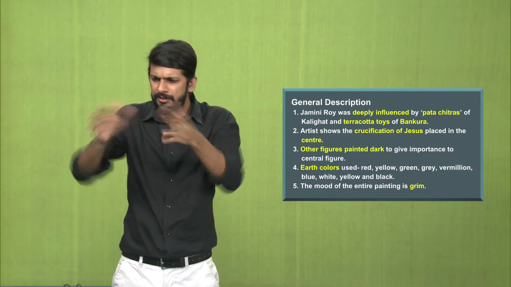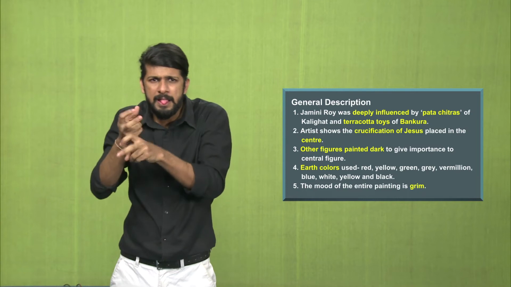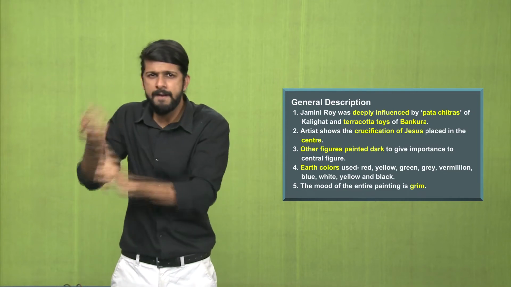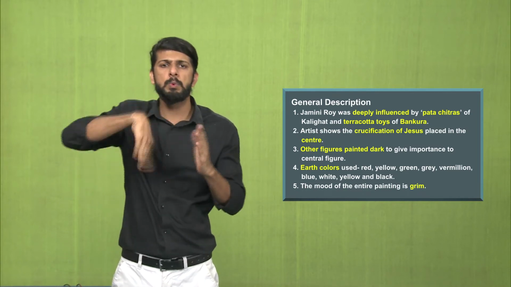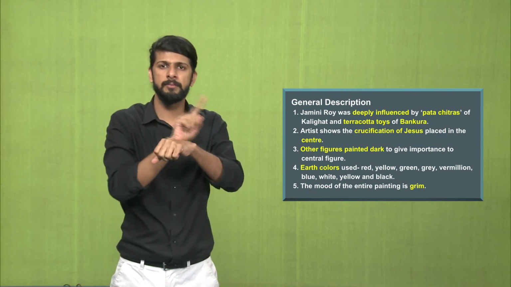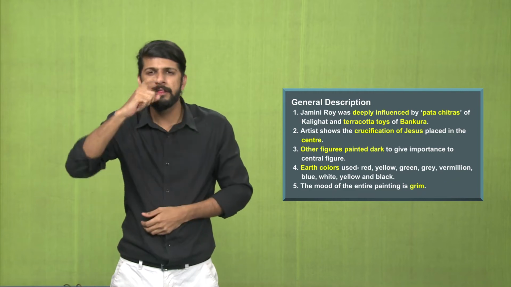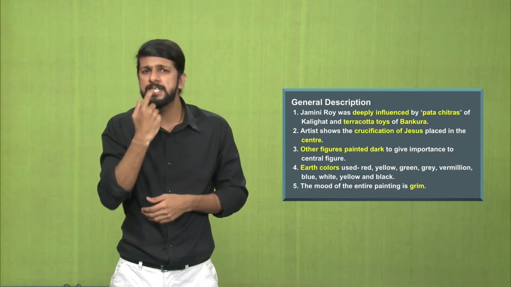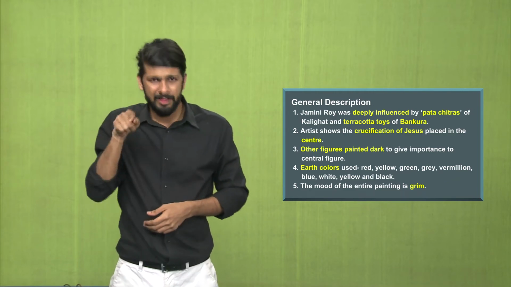The colors used are earth colors: red, yellow, green, grey, vermilion, blue, white, yellow and black.